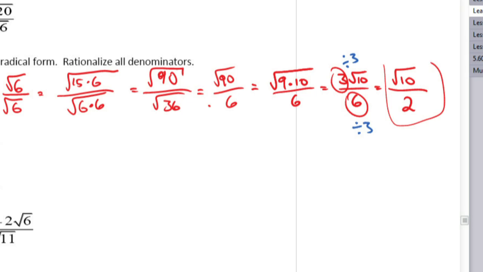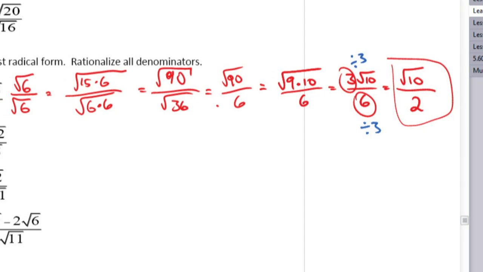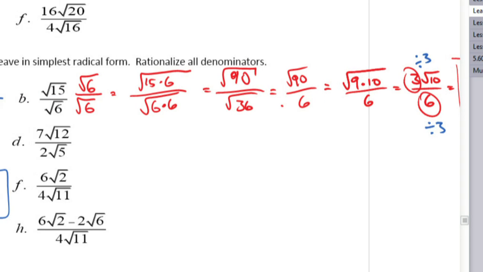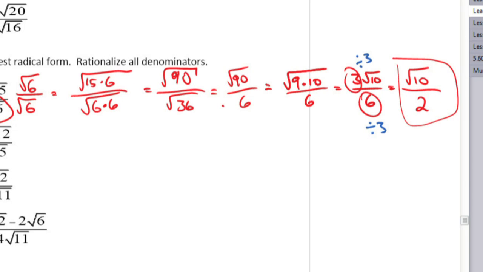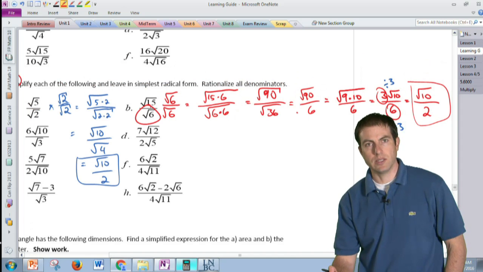So you can see how something as simple as trying to get rid of the root 6 in the bottom here can turn into several steps to rationalize it. And then once you've rationalized it, you've got to simplify it, so you can run into some long questions here.